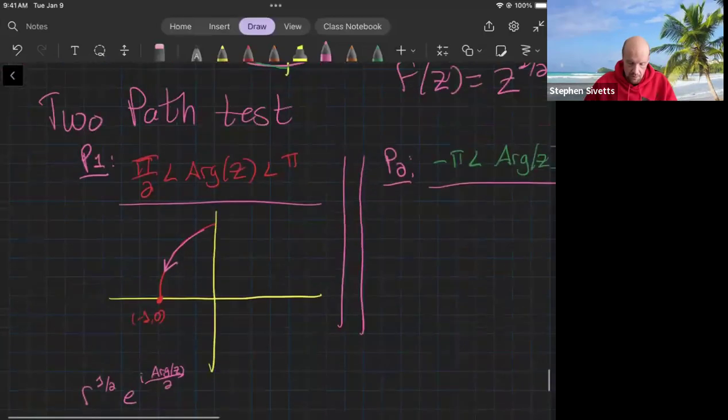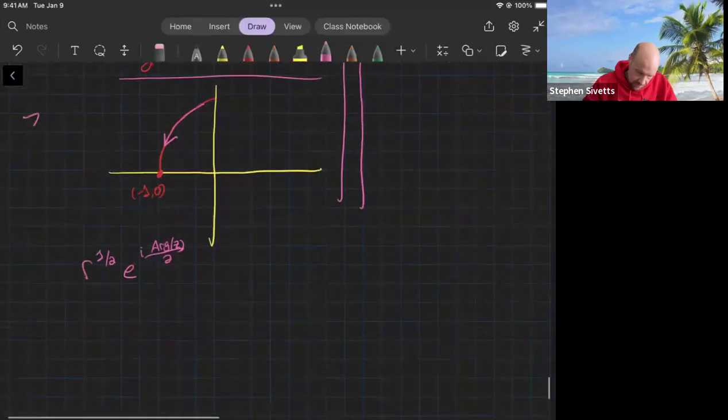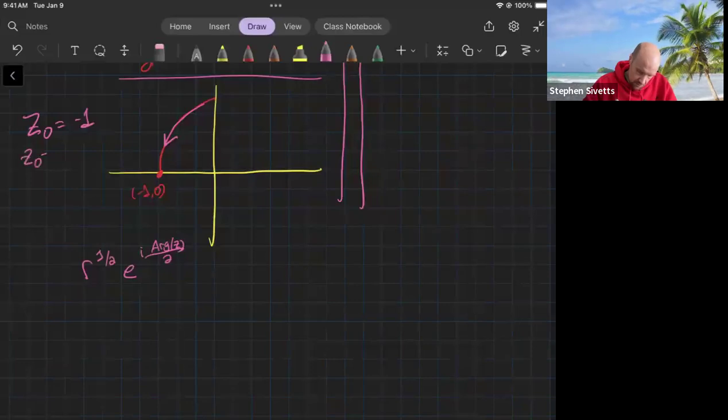Okay, remember the z naught equals -1. This will correspond to the polar coordinate e to the i pi, right? So the radius would still be 1, right? So f of z naught, right?